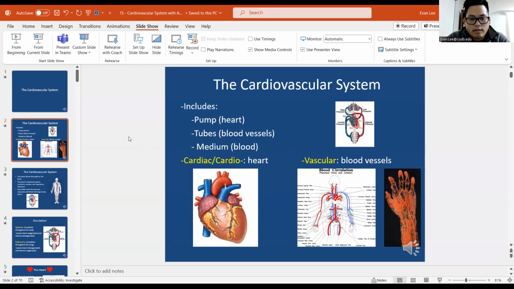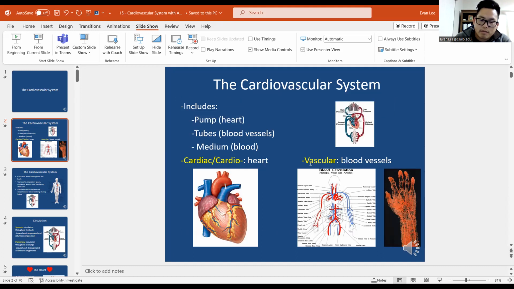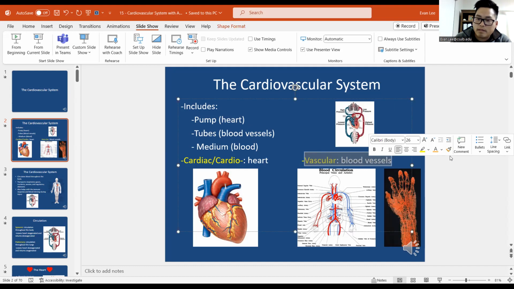To get started, if you look closely at the words cardio and vascular, those two terms you may have heard before. When you say the word cardio, as in cardio exercise, this is regarding the heart. So cardio means the heart, which is basically the pump of the cardiovascular system. And then vascular, the other part of cardiovascular, these are the blood vessels.